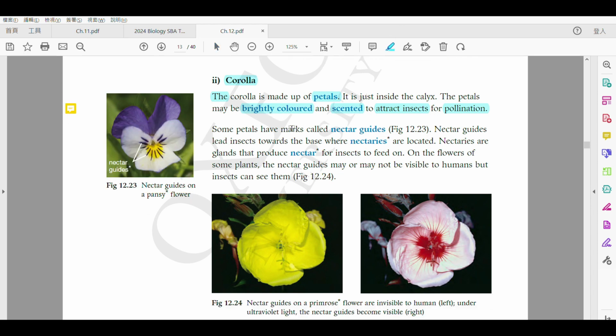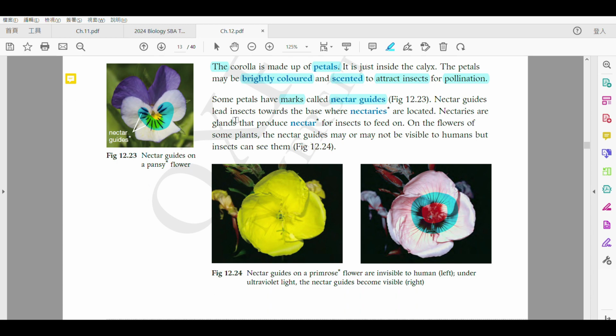This is also important. Some petals have some marks. This one is the marks, and this one is the marks. What are these marks? They are called nectar guides. They lead insects towards the nectaries.